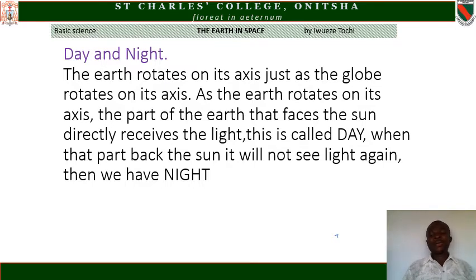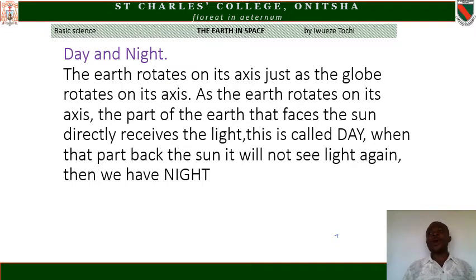Now, as the Earth rotates around its axis, the surface of the Earth that will be facing the sun at that time will be receiving light from the sun. So that part that is facing the sun and receiving that light will be bright.